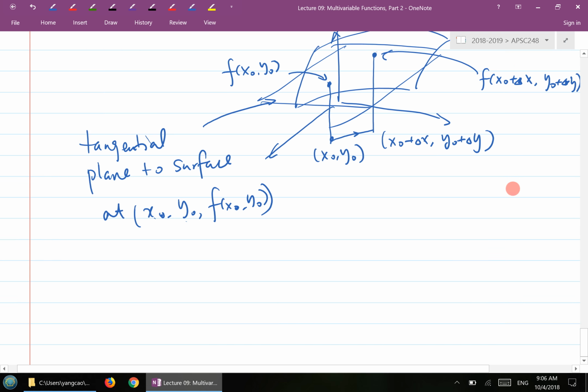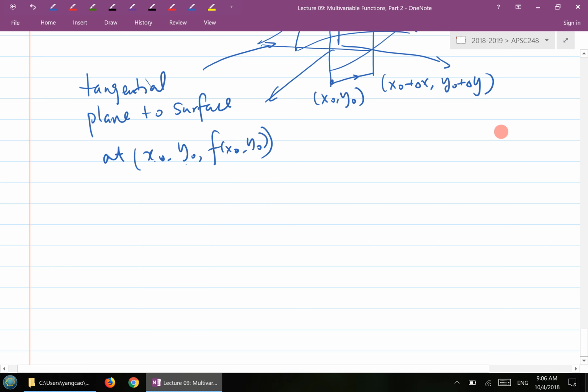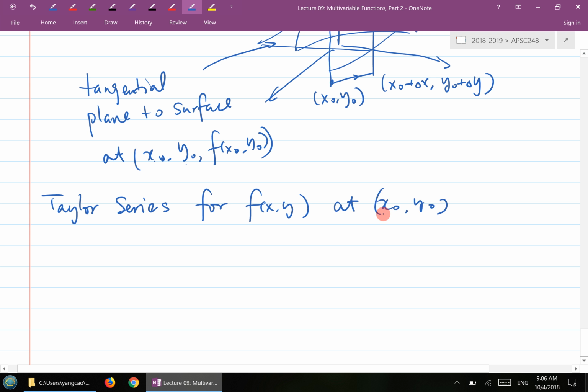So how do I get the tangential plane then? Here's how you can get it. We can use the Taylor series expansion for the function f of x, y at the x naught, y naught location. What's the Taylor series expansion for a multivariable function?